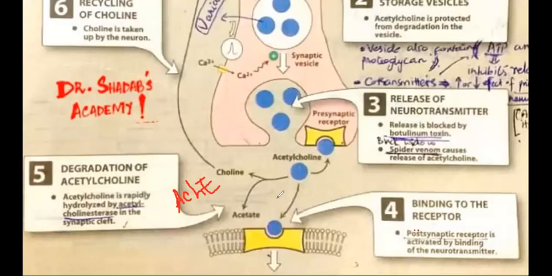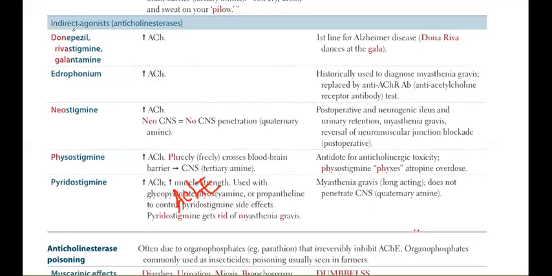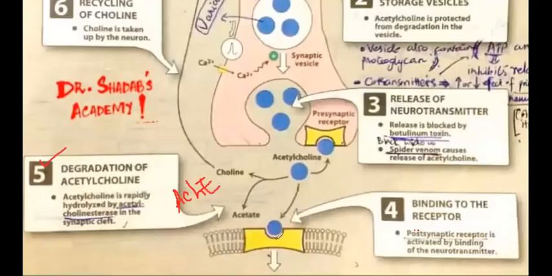Now just for example, this is the first drug. What is its name? Let me take physostigmine. Okay, just for example, this is the drug physostigmine. This drug will not bind to this receptor. This drug will act on this enzyme, which is acetylcholine esterase, and inhibit it.